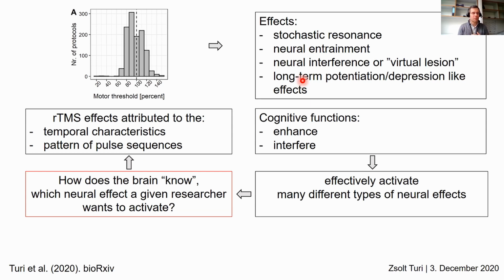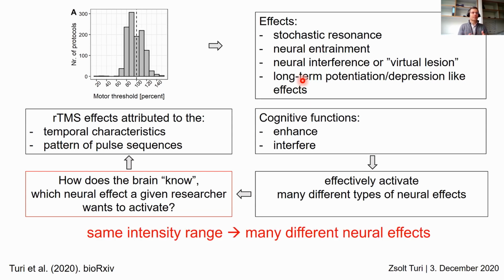And I agree with all these points, but I think we missed something, because we think that the same intensity range can induce many different neuronal effects. So we treat the TMS-induced motor evoked potential, this intensity needed for the muscle twitch, as a universal physiological filter, as Sarah Lisanby nicely coined this term in the recent Baden-Baden meeting on transcranial brain stimulation.